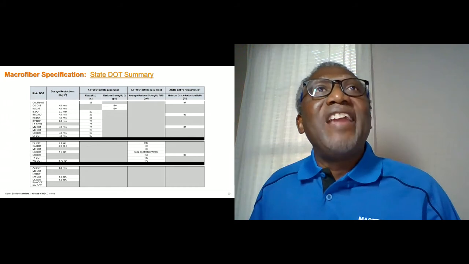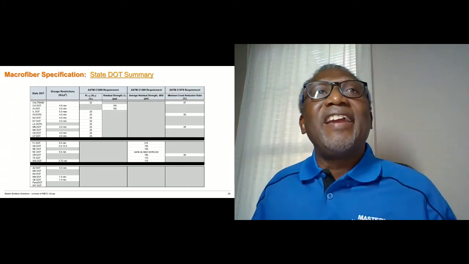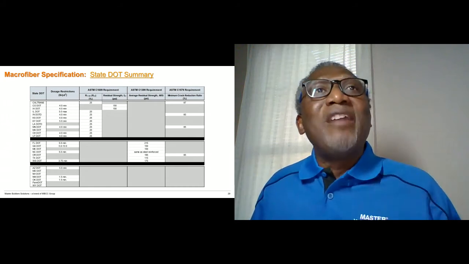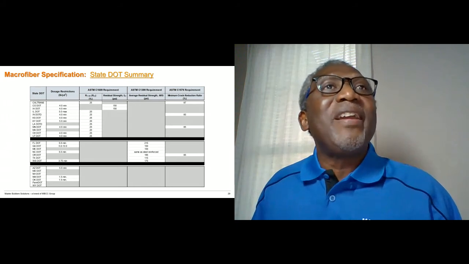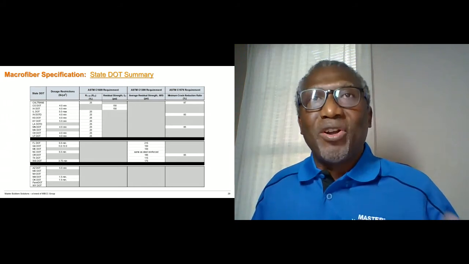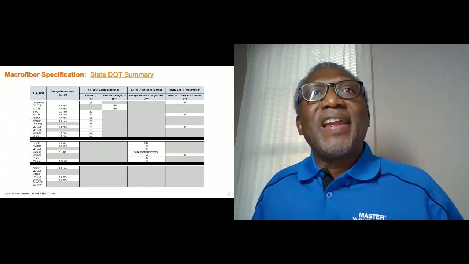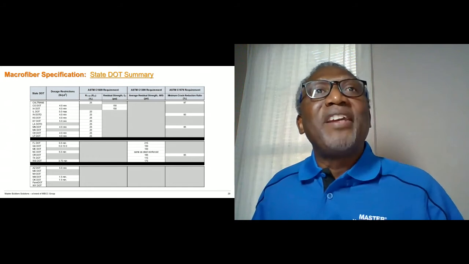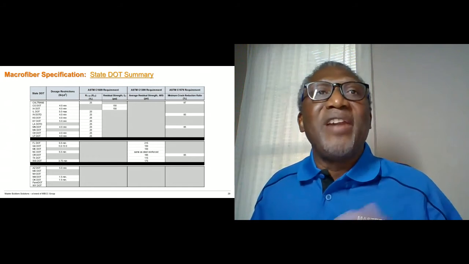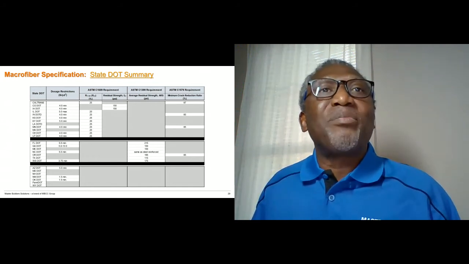Now, ACI 544.4R has design equations in there. One for calculating the ultimate tensile strength of cracked fiber reinforced concrete based on the flexural residual strength that's measured from ASTM C1609, and that's the expression over here.